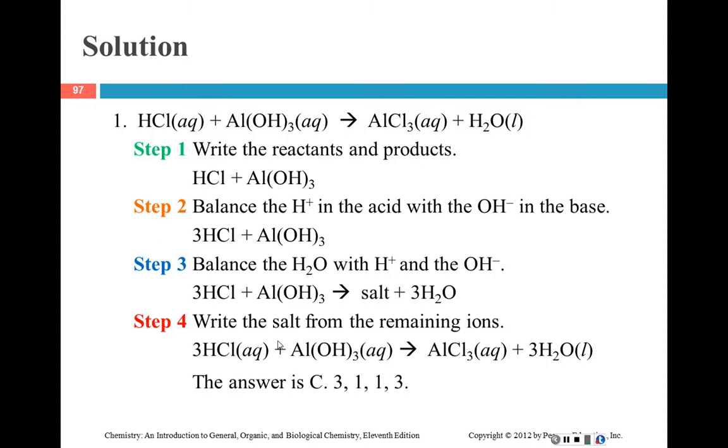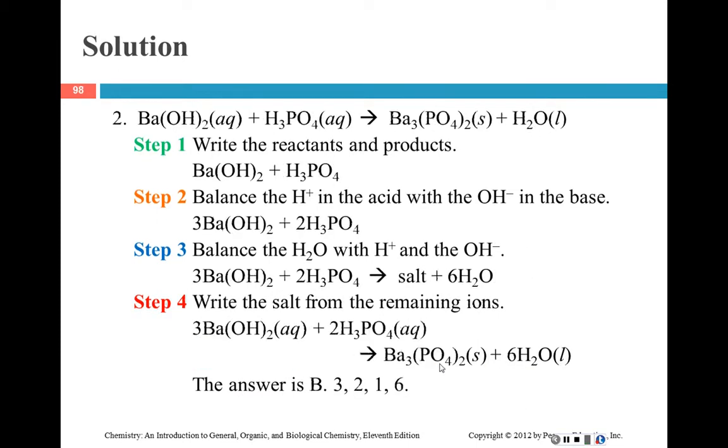You're going to end up with 3 hydrochloric acids, 1 aluminum hydroxide, 1 aluminum chloride, and 3 waters. With the barium hydroxide and the phosphoric acid, you're going to end up with 3 barium hydroxides, 2 phosphoric acids, 1 barium phosphate, and 6 waters.